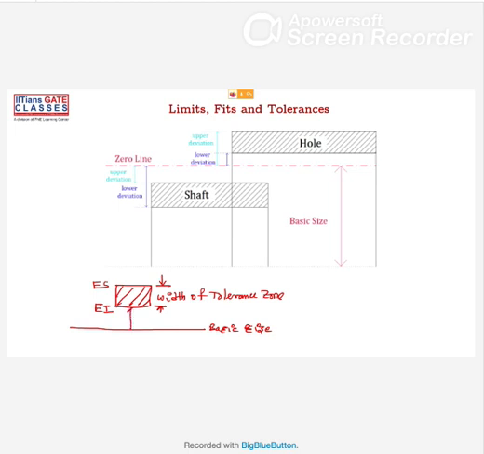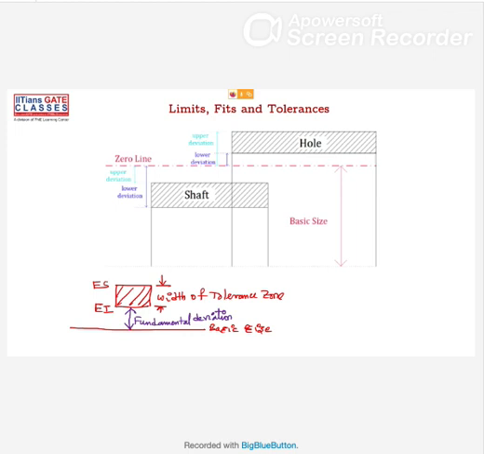So this is called your fundamental deviation. Don't worry, we'll discuss the fundamental deviation, but as of now, remember this is your fundamental deviation. Okay, guys, got the point?